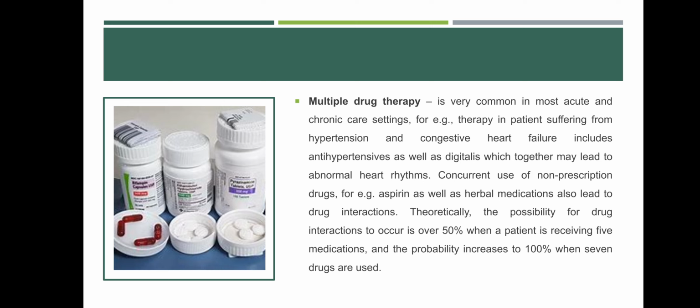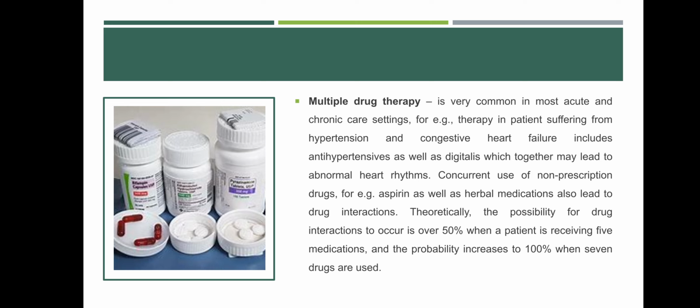They will be taking antihypertensive medications as well as digitalis for congestive heart failure. Because of the usage of these two medications, it may lead to abnormal heart rhythms, the cardiac arrhythmias. So these drugs are interacting and giving rise to a drug interaction, which in this example is abnormal heart rhythms.